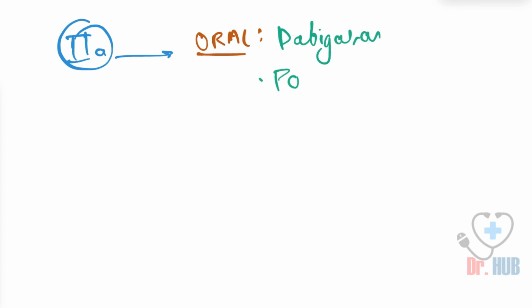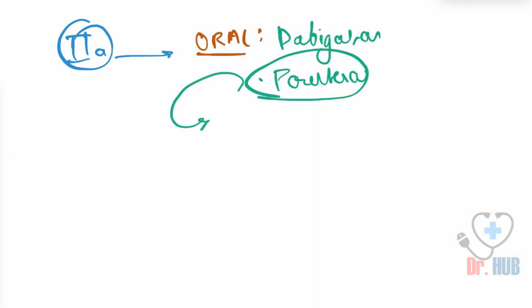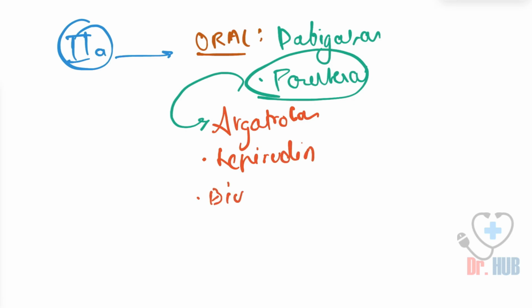Next comes the parenteral. Parenteral includes argatroban, next lepirudin, then also bivalirudin. So all these are included.